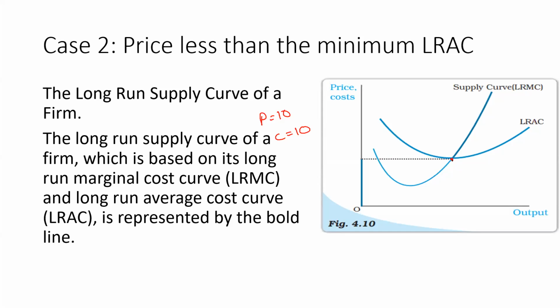Here you can see where price is equal to the average cost. The price is equalizing the long run average cost. So here, how much amount of output are you going to produce?